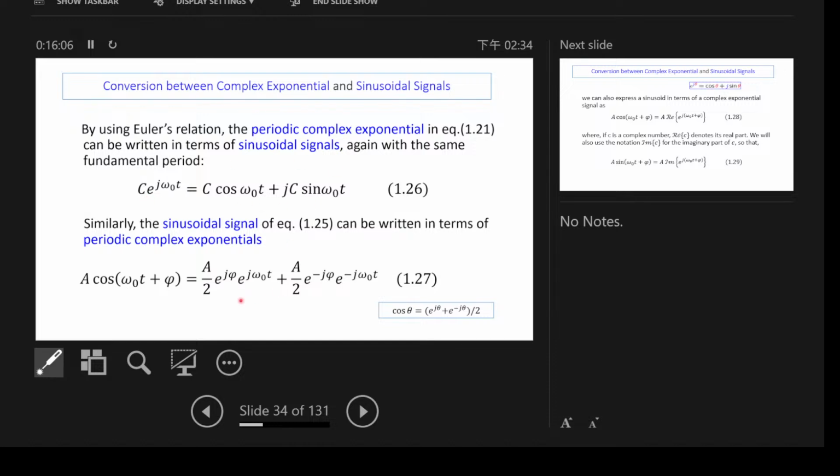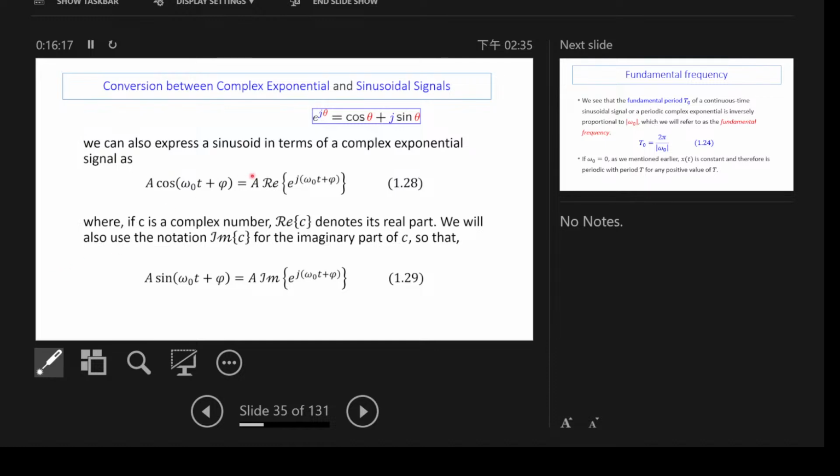You can check the math details yourself, but in general it's pretty straightforward to convert between them. Another way is that the real part of your complex exponential is a cosine sinusoid, and the imaginary part is a sine sinusoid.